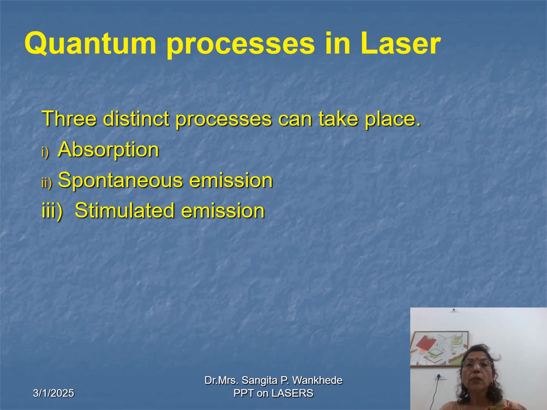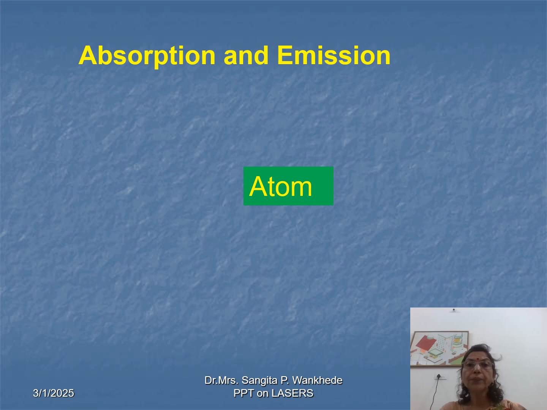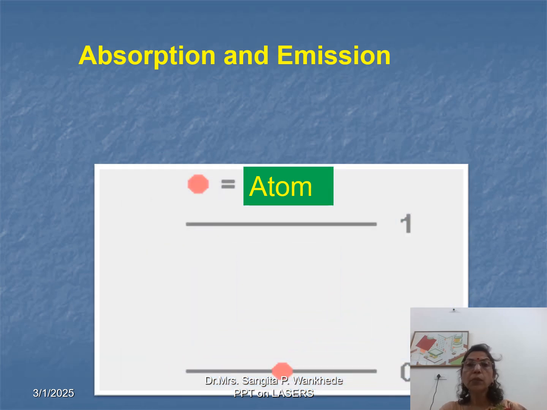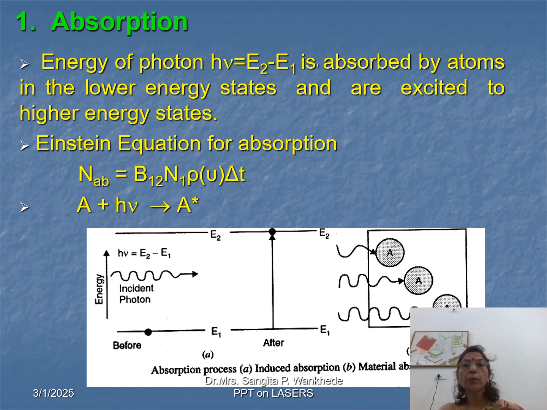Then what are the three quantum processes in laser? They are stimulated absorption, spontaneous emission and stimulated emission. First we are going to study stimulated absorption. Normally we consider the atom to have two energy levels.